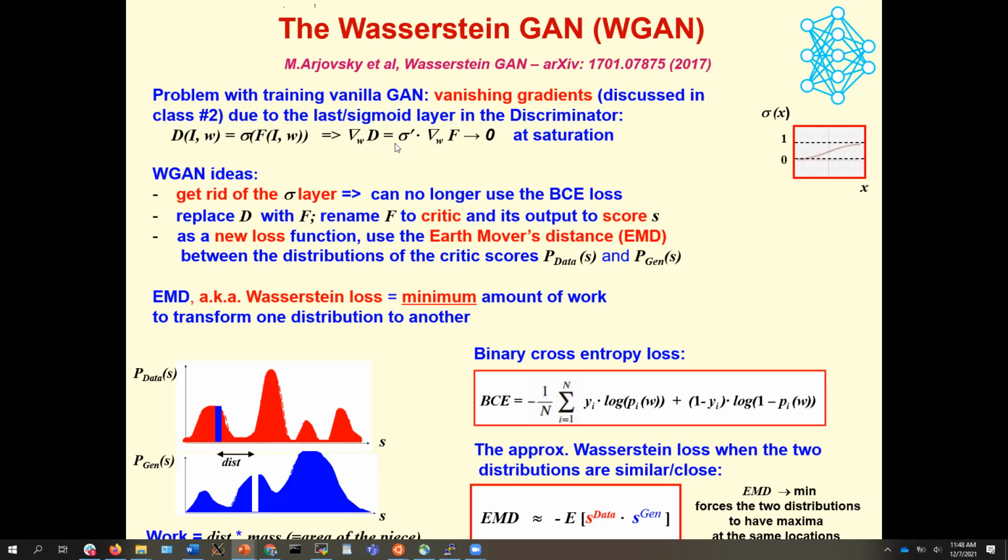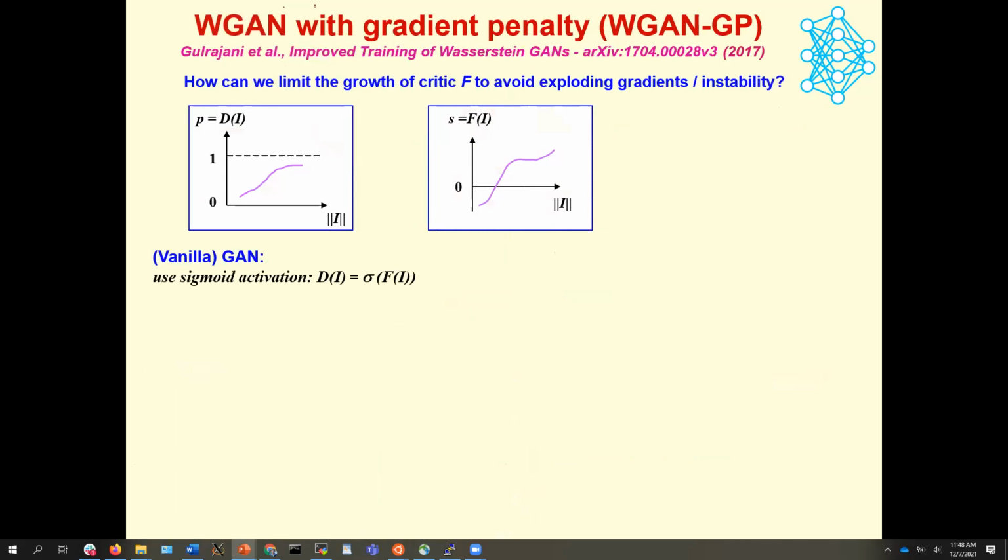In the next slide, I is the same. The critic takes an image as input, and it outputs a score. This time it's not a probability because it's not between 0 and 1, but some value, some score. Yes, I is the input image.